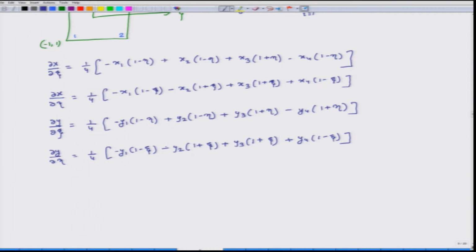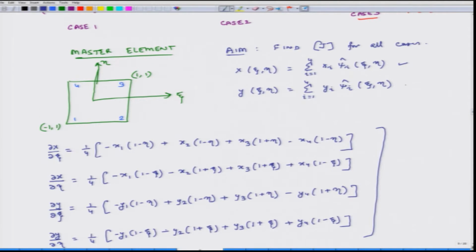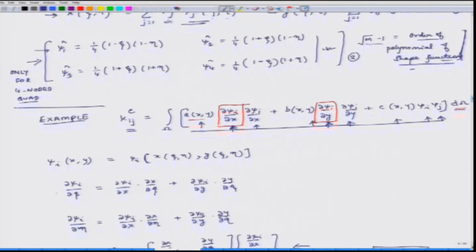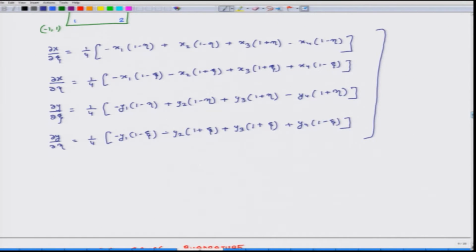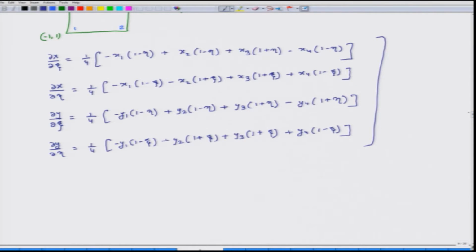So, these are the 4 expressions, and how did we get these 4 expressions? We essentially differentiated these 2 relations, and the expressions for psi were given earlier. So, we plugged in these expressions, and x1, x2, x3, x4, y1, y2, y3, y4 correspond to the coordinates of local nodes 1, 2, 3, 4 for any element which we consider.